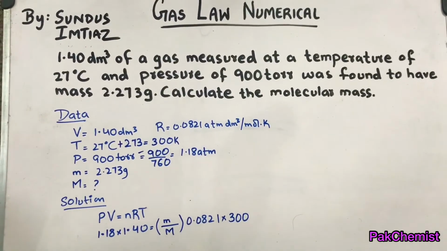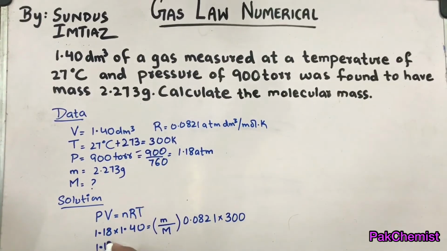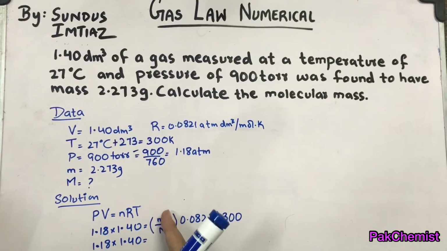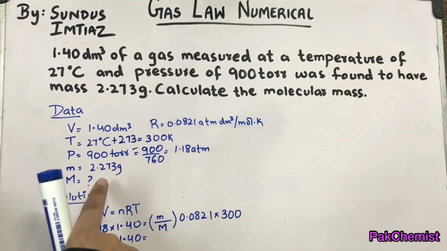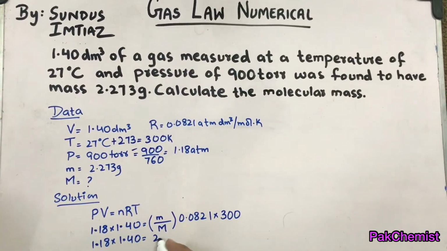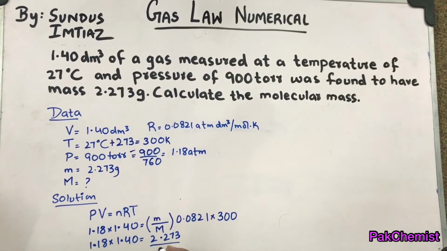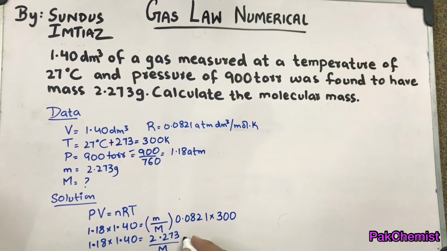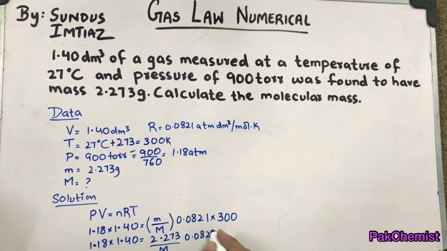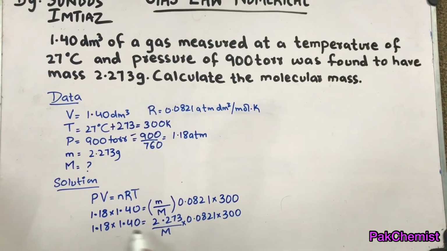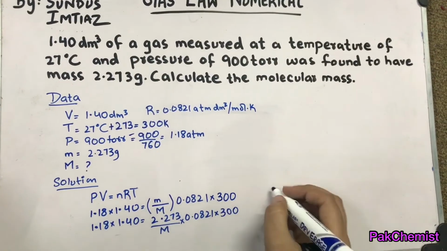Now let's solve it. 1.18 multiplied by 1.40. Now the mass given in this question is 2.273. So we have the mass and we have to find the molecular mass, right? So let's change their positions and make it easy.